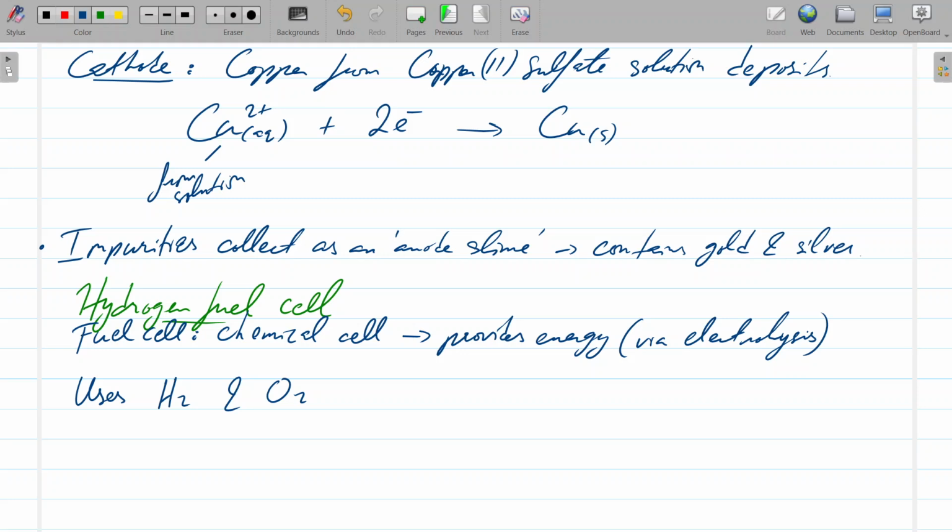Over here, the only exhaust you're getting, so to speak, is water. So it gives out water or water vapor, and so environmentally it's very clean. You're taking hydrogen, taking oxygen, you're getting water, so it's a win-win.